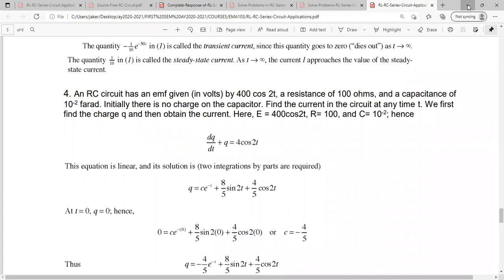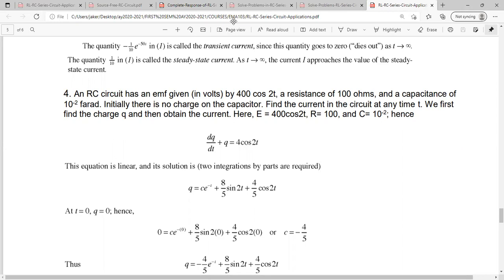Now about the R, in this case your R is 100 ohms and the capacitance is 0.01 farad. So 100 ohms and 0.01 farad for the capacitance.